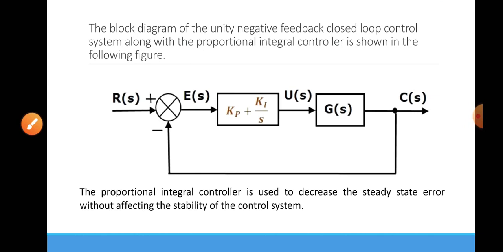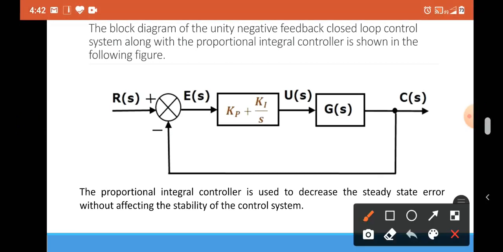Now let us see the block diagram of this PI type of controller. It is given here. It is similar to the regular one, where r of s is your input signal, and this is the feedback signal, which is compared to generate the error signal. This error signal is given to the PI controller, whose transfer function is kp plus ki by s.